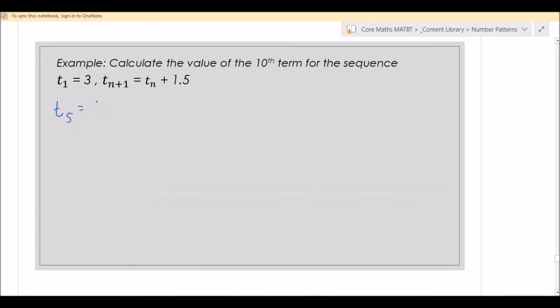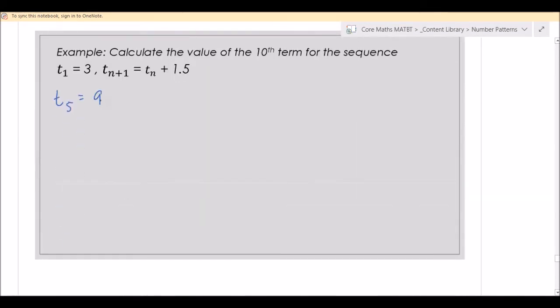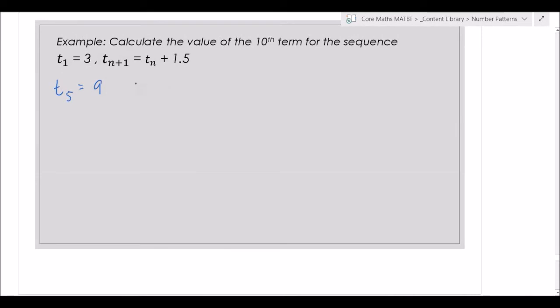So term 5 we know is 9, and we need to go from there and work out what term 10 is. Term number 6 should be term number 5 plus 1.5. I'm going to skip this step and just go straight to what term number 5 is, which is 9, and that will make it a lot quicker to do these questions.